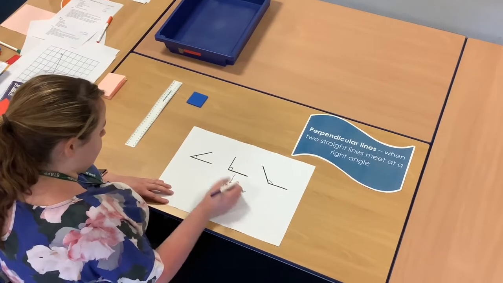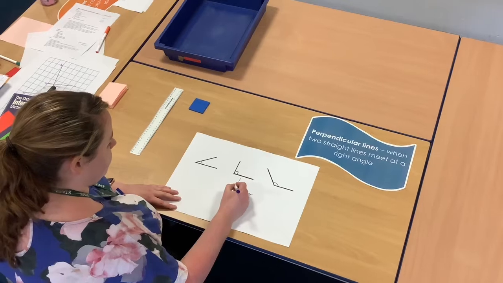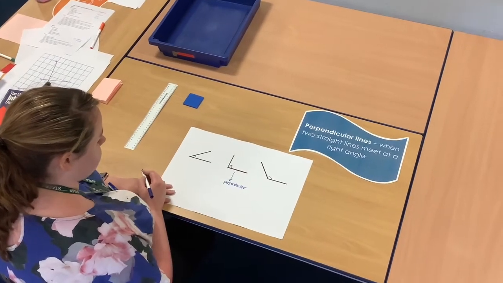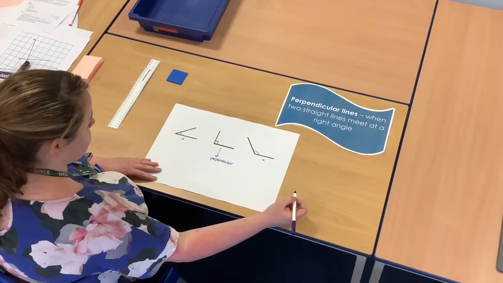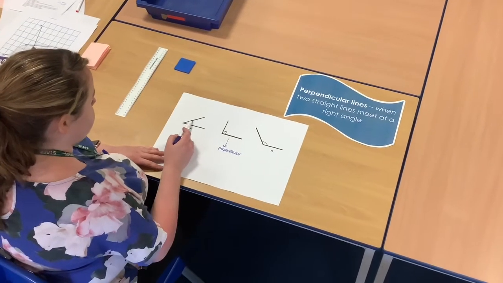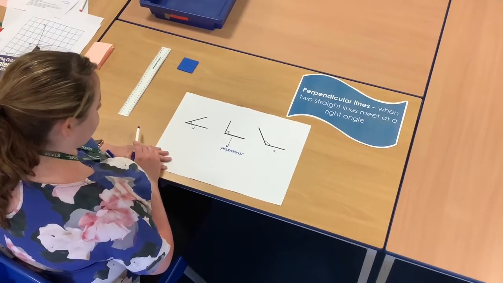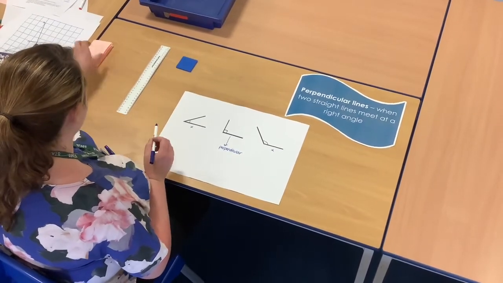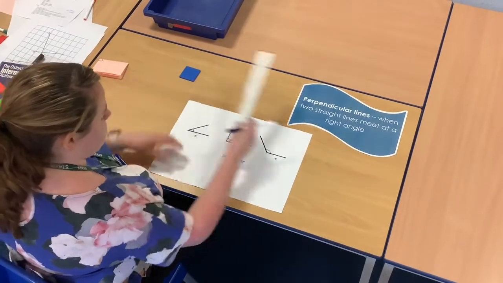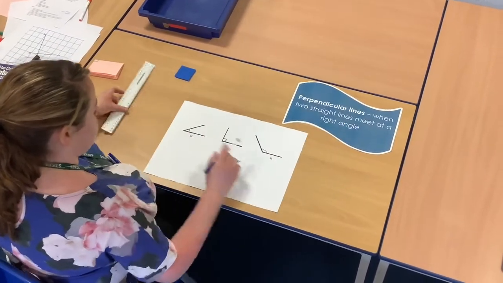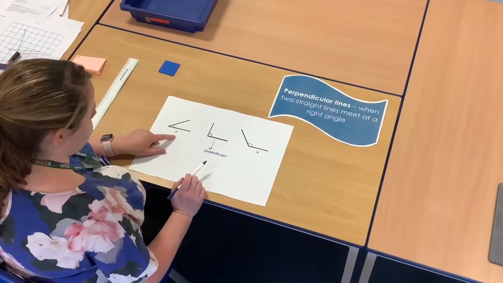This line and this line are perpendicular to each other because they meet at that right angle. The other two angles do not have perpendicular lines, because when the two straight lines meet, it's not at a right angle. If I wasn't sure, I could use my bit of paper or my ruler to check. These two are not right angles, so the lines are not perpendicular.